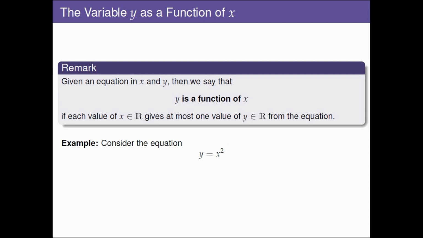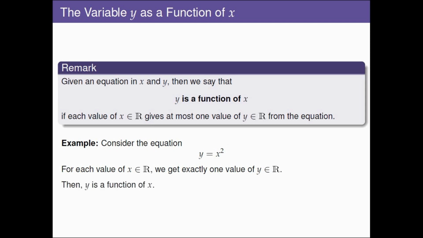Then, as we have discussed earlier, if we specify a value of x, then we get one value of y for that particular value of x. In other words, for each value of x in R, we get exactly one value of y in R, so that y is a function of x.